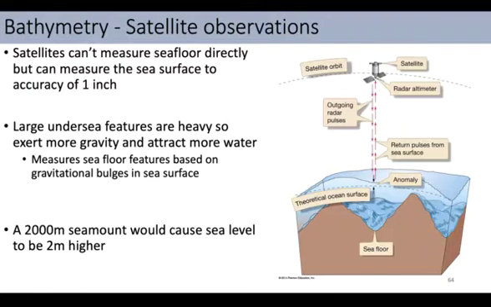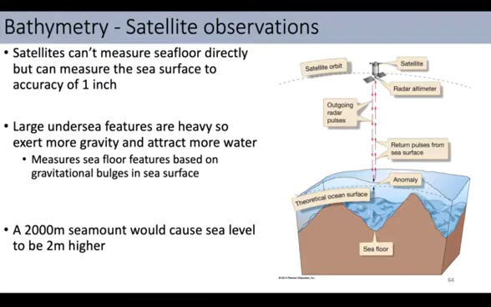So satellites can actually measure the gravitational bulges across the surface of the ocean, and from there extrapolate where there are shallow features versus where there are deep features, where there is something large versus where there is not. Satellite bathymetry observations have actually become very, very precise in more recent times.